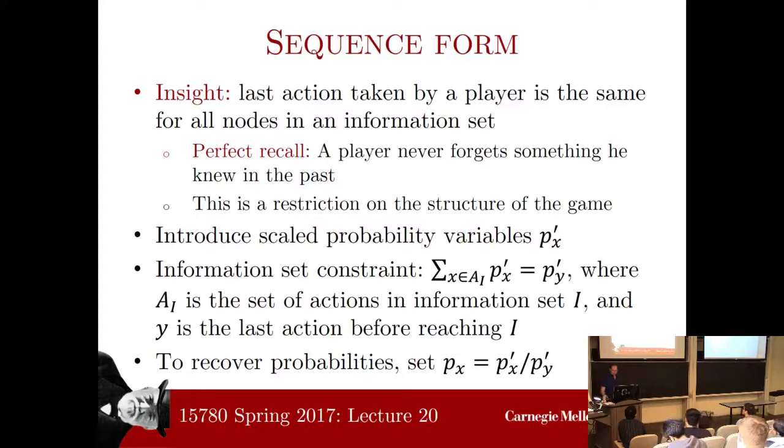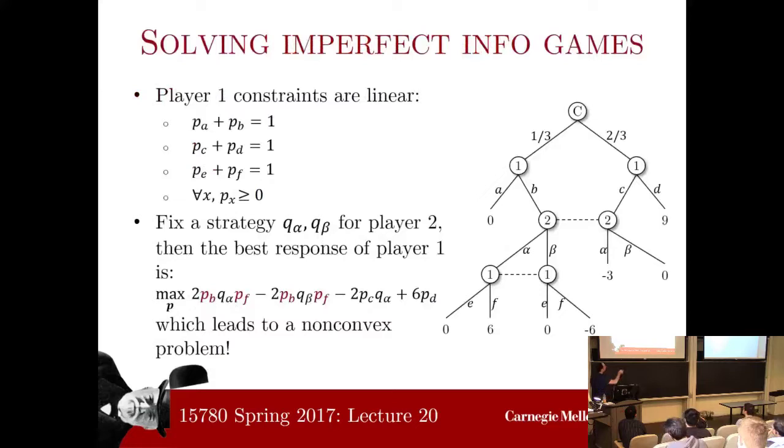So for example here, we took the action B, and then player 2 took some action, and what this says is we can distinguish whether player 2 took the action alpha or took the action beta. So maybe he's hiding something behind his back or something. So we can distinguish between these nodes that are in the same information set and this one.